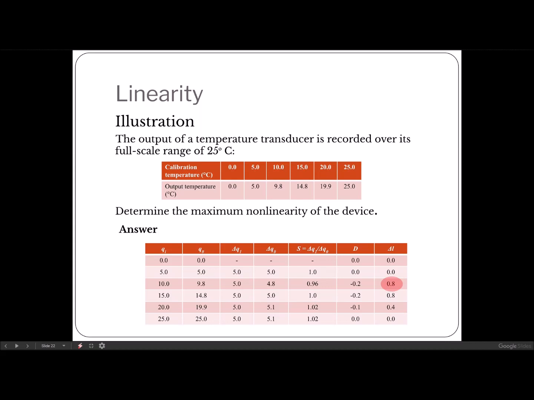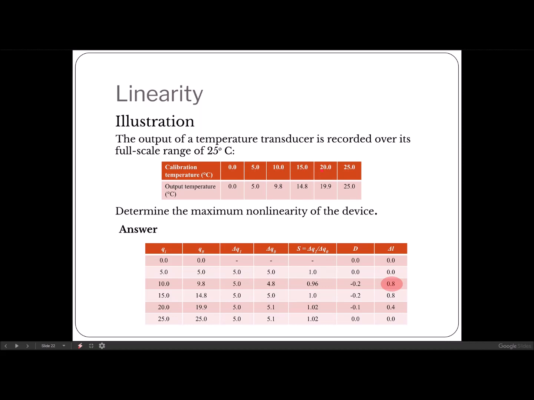So what I did, I calibrated at different values of measurement, with an increment of 5 centigrade up to the maximum measurement here. So I measure the temperature of a reference entity at 0, 5, 10, 15, 20, and 25 centigrade.